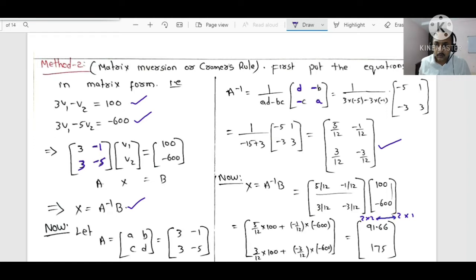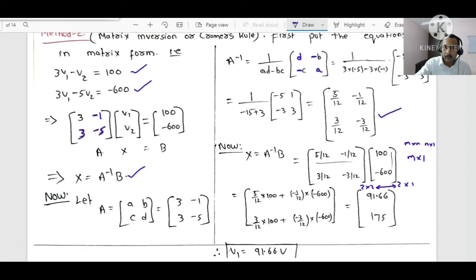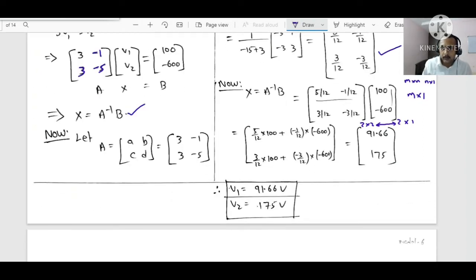This multiplication is possible because an m by n matrix multiplied by an n by 1 matrix gives an m by 1 matrix. First row: 5 by 12 into 100, plus minus 1 by 12 into minus 600.